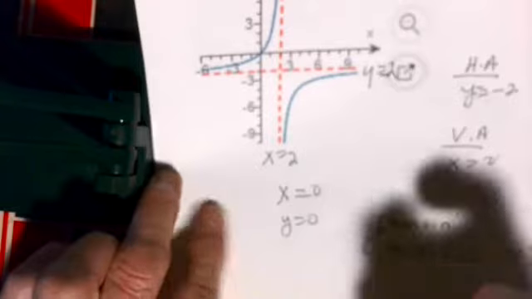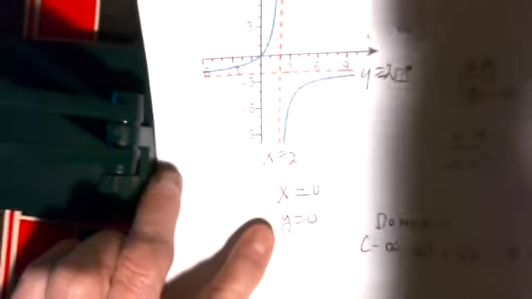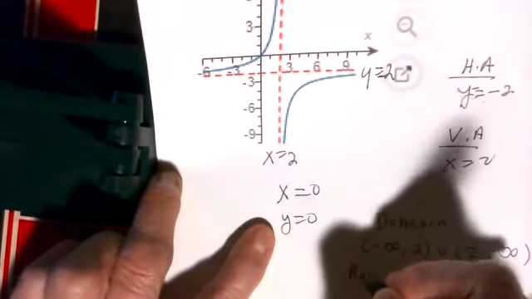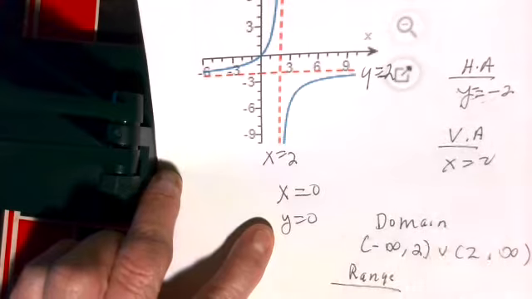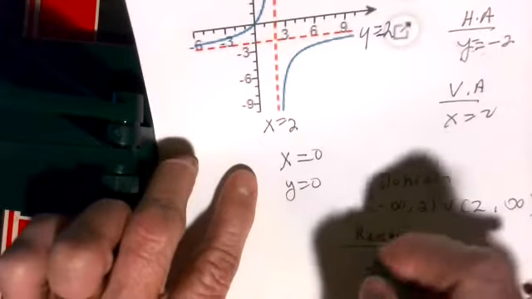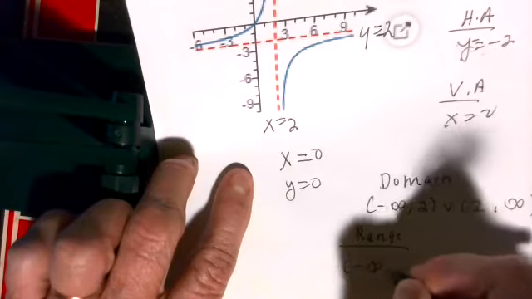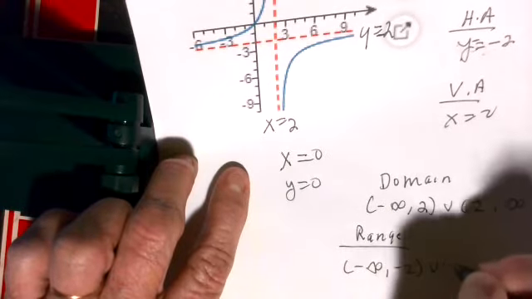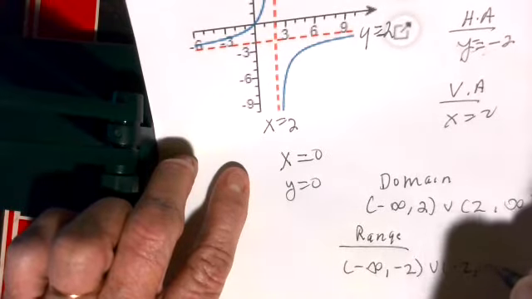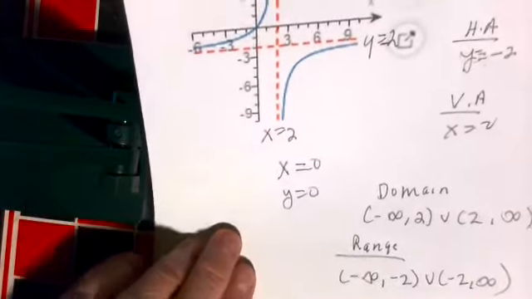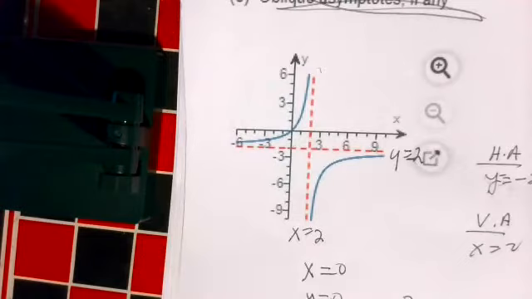And the range, we can't have y be negative 2. Like that. Okay.